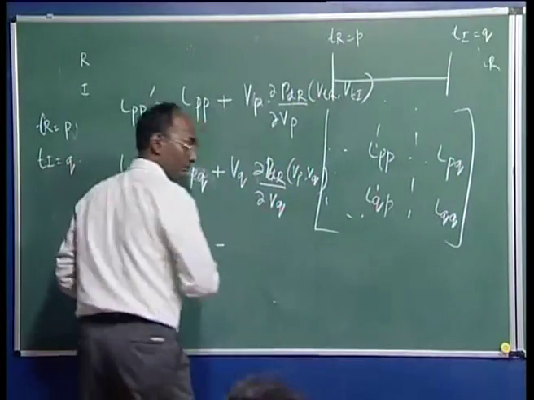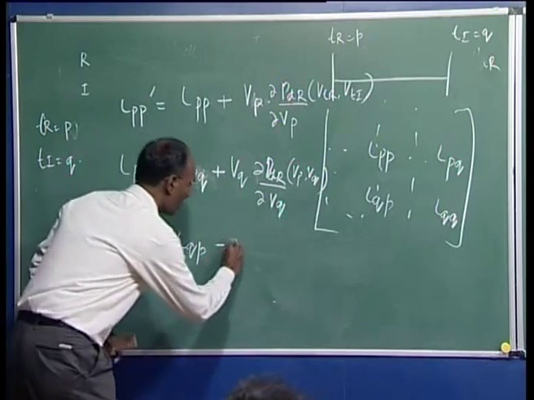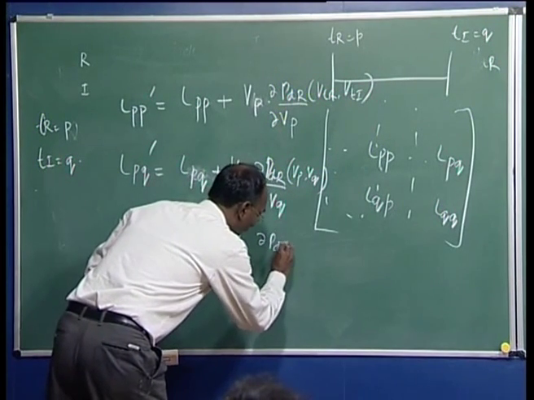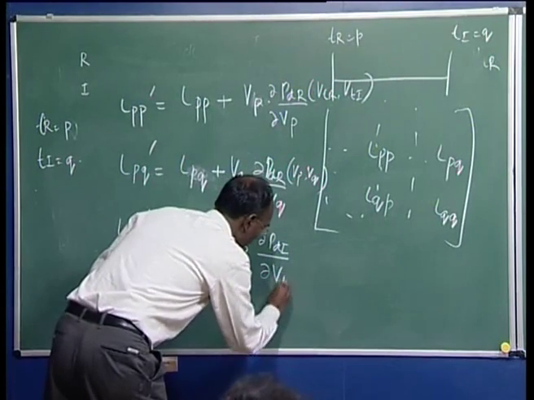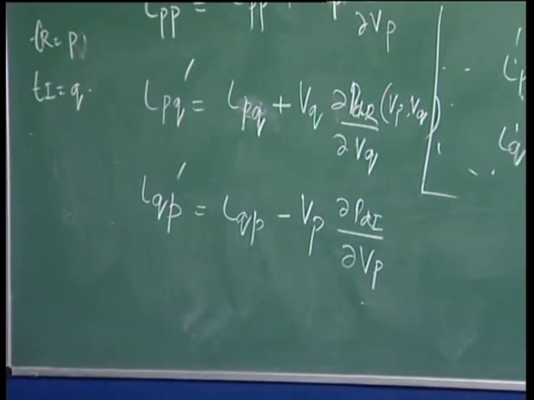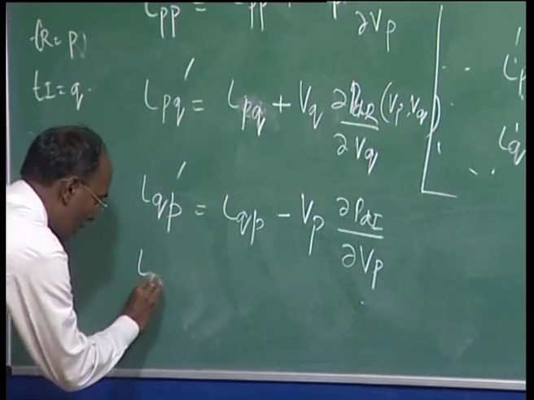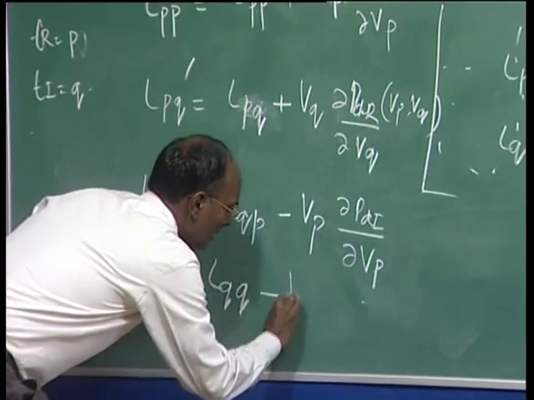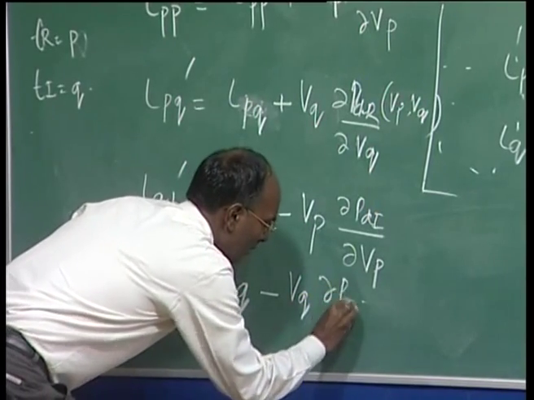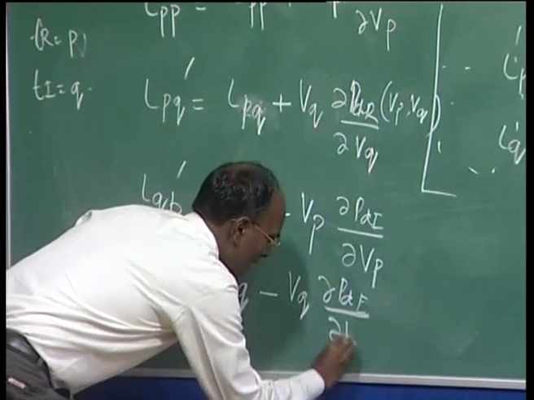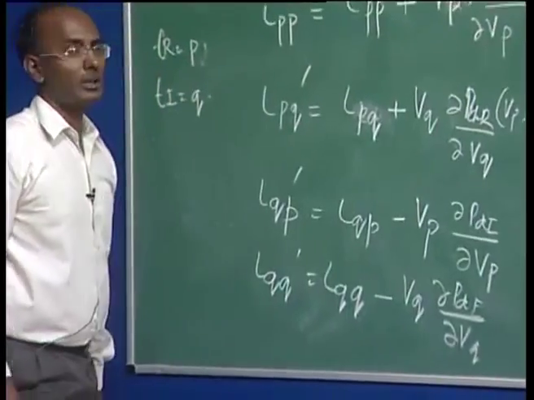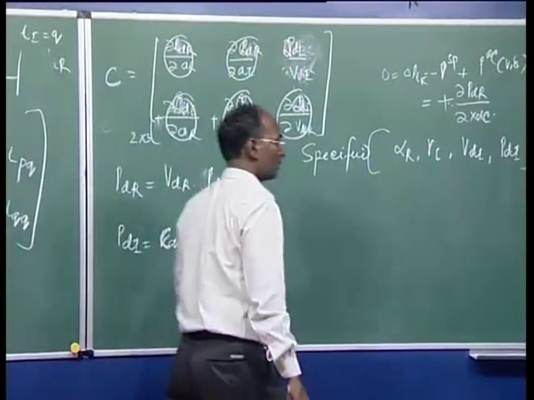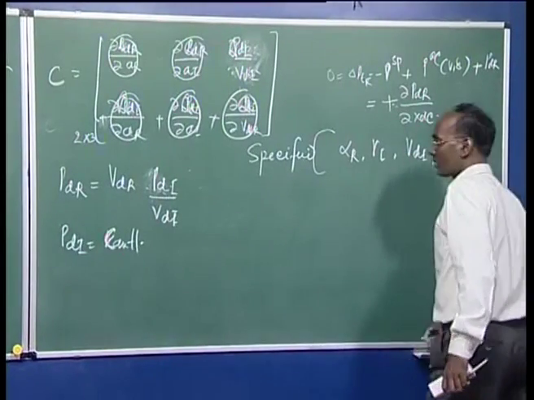So, it will be negative here, and then it will be your VP here PDI here VP, and your LQQ prime here LQQ minus VQ del PDI over here del VQ. So, these are the 4 elements corresponding to your Q. It is going to be changed.